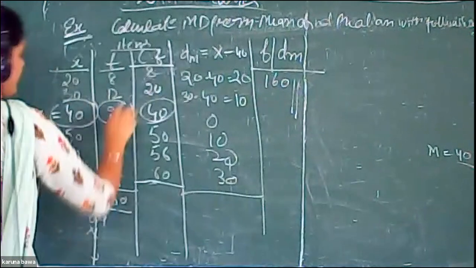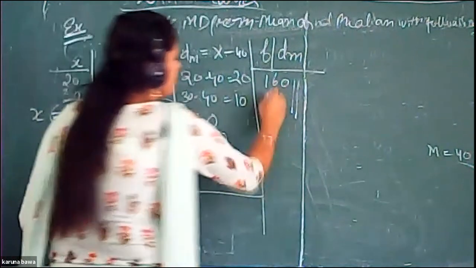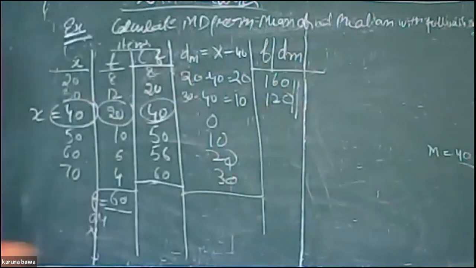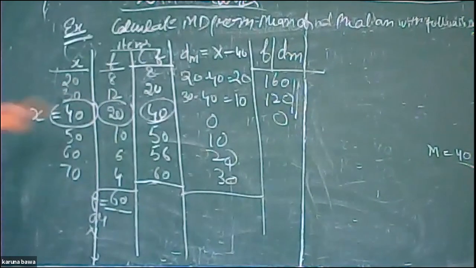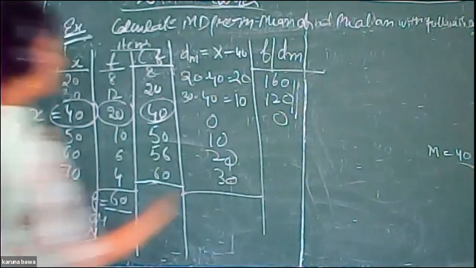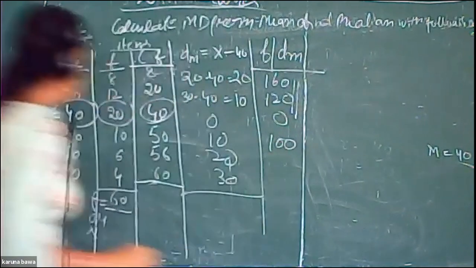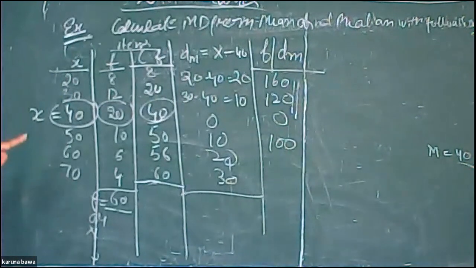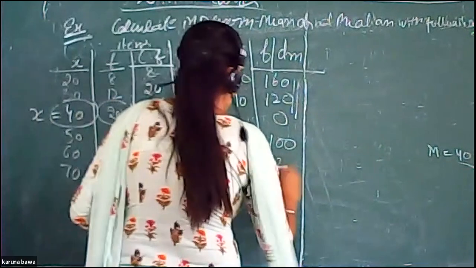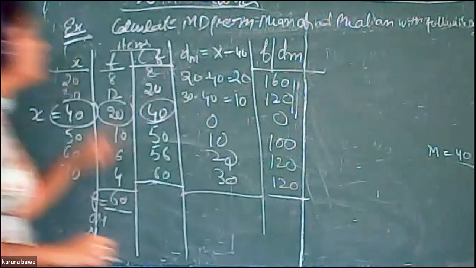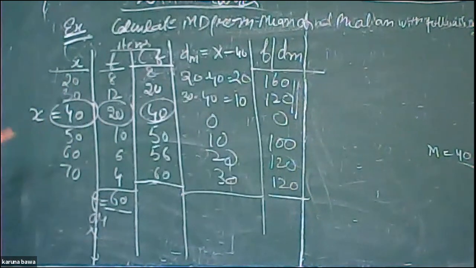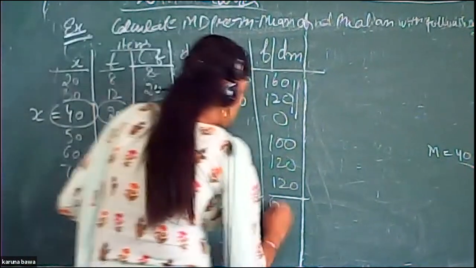On the other hand, 12 multiply 10, 120. 20 multiply 0, 0. 10 multiply 10, 100. 6 multiply 20, 120. Again 4 multiply 30, 120. And the total of the values: 160 plus 120 plus 0 plus 100 plus 120 plus 120, and the answer is 620.